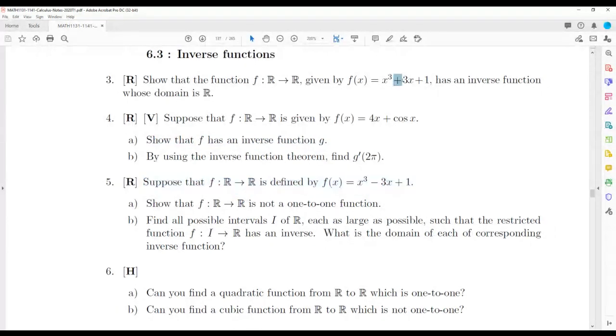It's still a cubic, but instead of plus, we have minus 3x. Show that f is not a one-to-one function on this set. And then find all the intervals where f does have an inverse. Okay, so that's what this question is basically asking you.